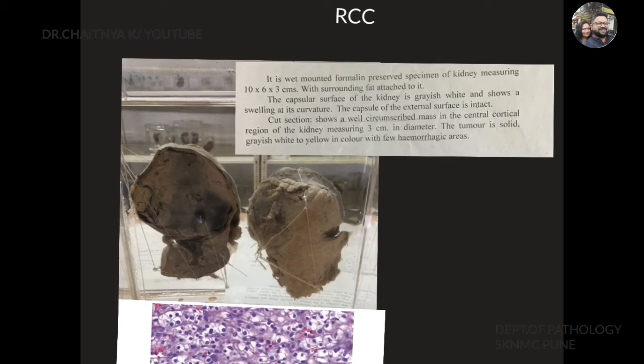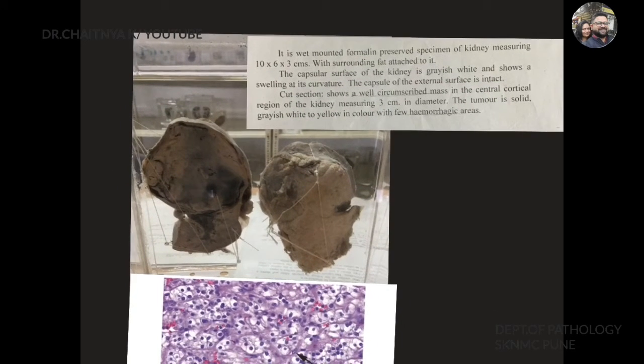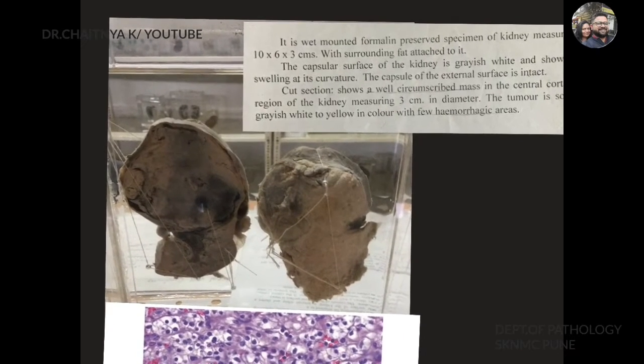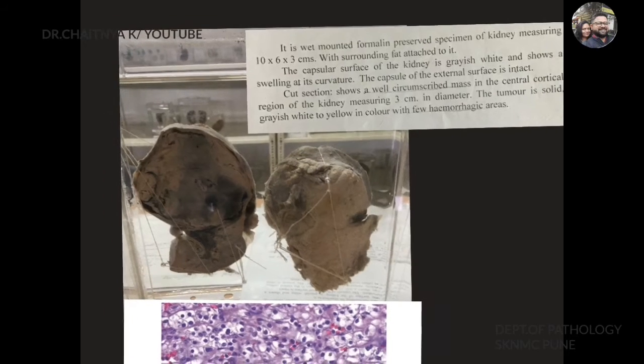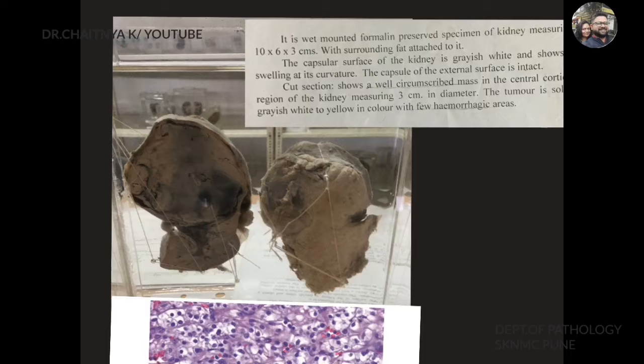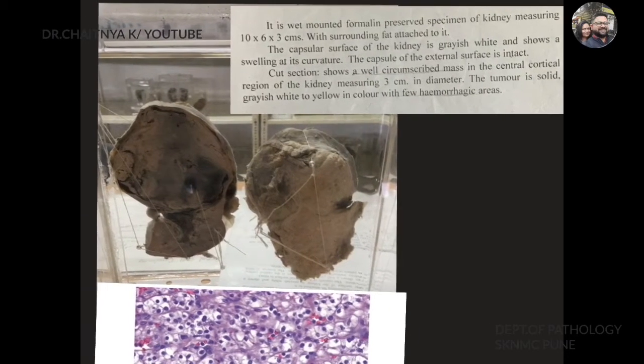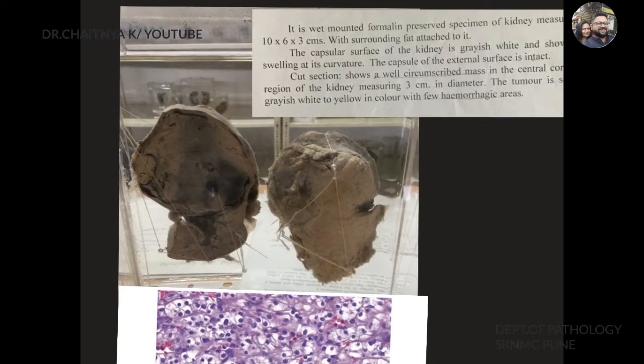It is a wet mount formalin-fixed specimen of the kidney measuring around 10 x 6 x 3 cm with the surrounding fat attached to it. The capsular surface of the kidney is grayish white, shows bulging, and the capsule of the external surface is intact. The cut section shows a well circumscribed mass in the central cortical region of the kidney measuring around 3 cm.